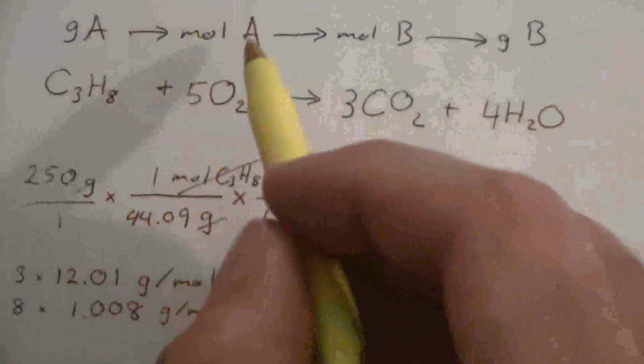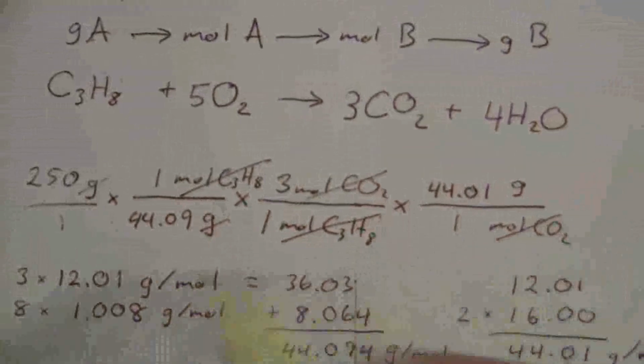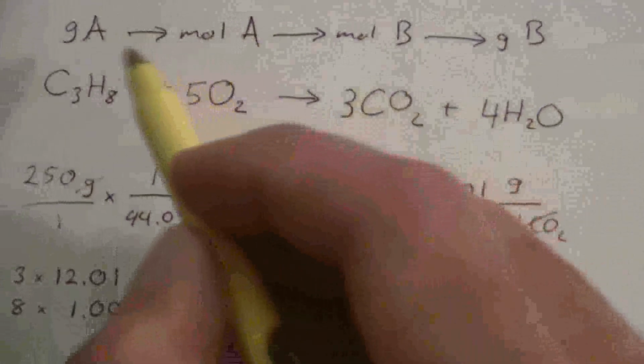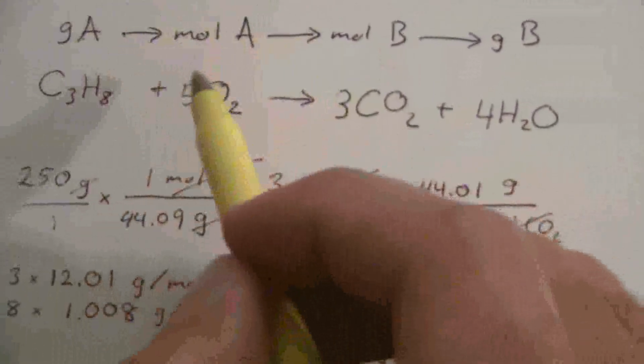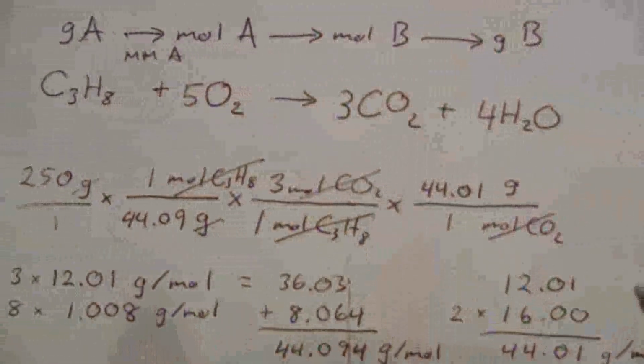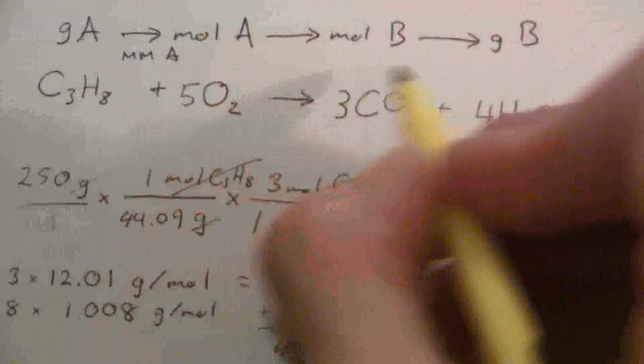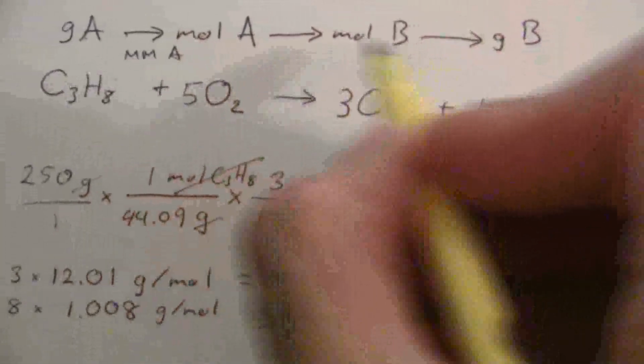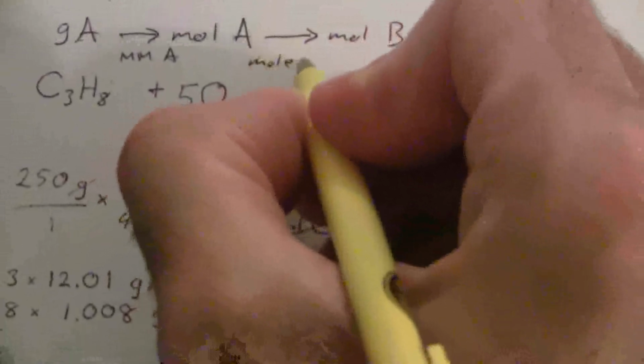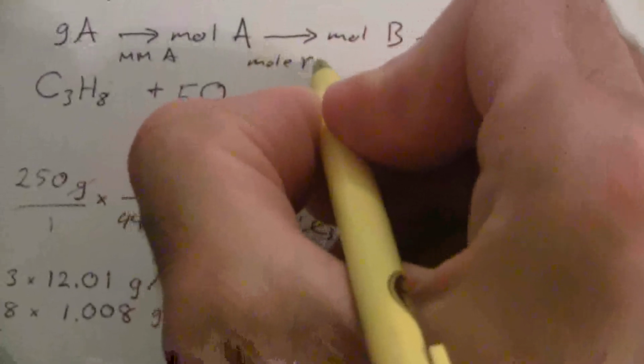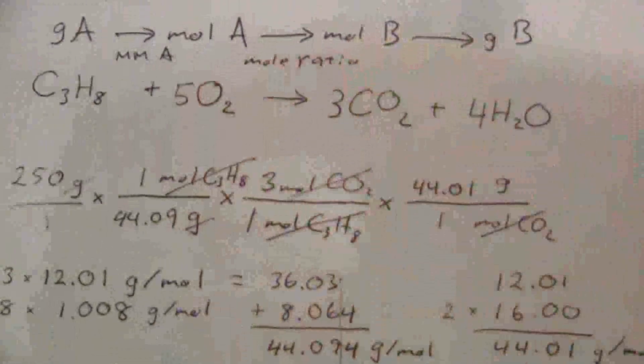So we see this progression quite frequently, a three-step process. We use the molar mass of A to do this first step. Then we have a mole-to-mole ratio from A to B. That comes from a balanced equation, the mole ratio.